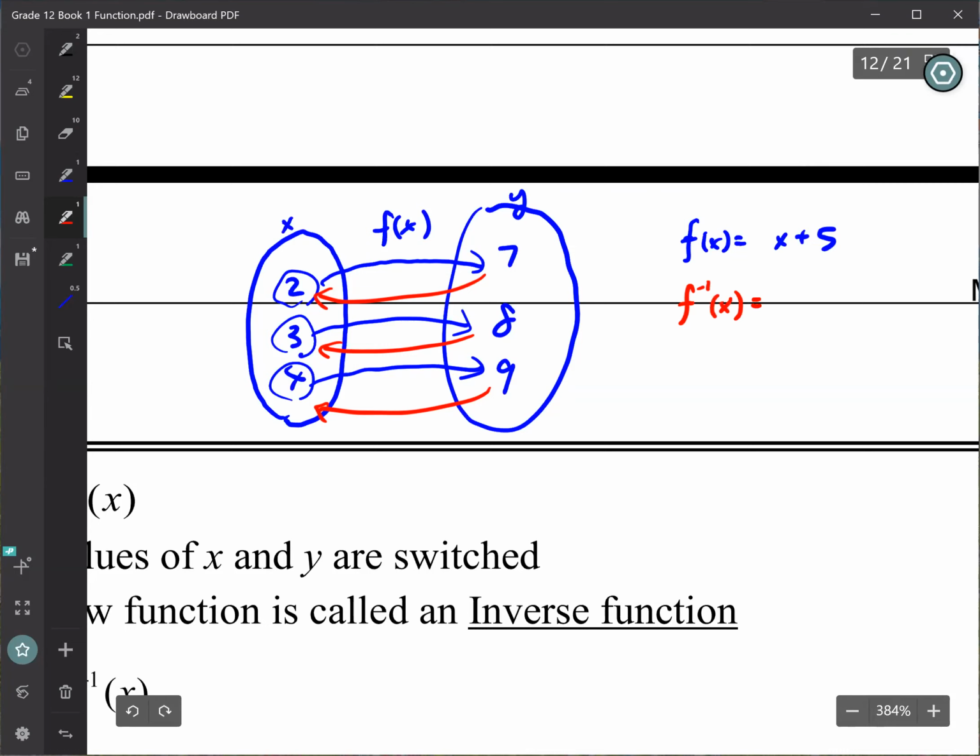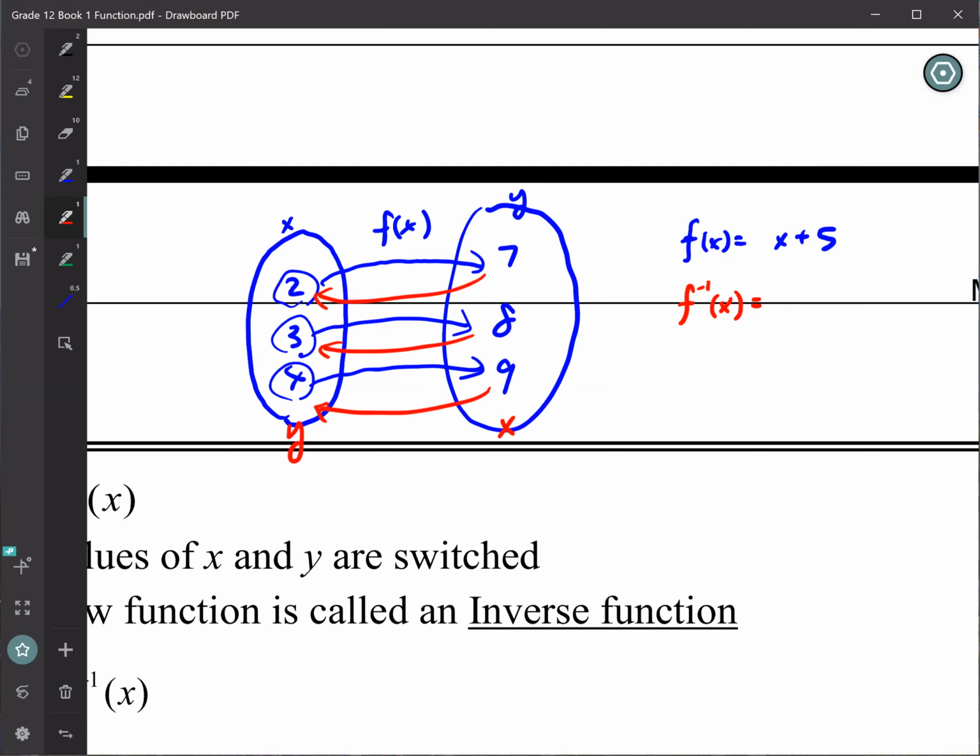It brings the y value back into the x. So that means we pretend all the y are the x now, and all the old x are the y now for the inverse. So we treat the y as x. So what will be the new function, the inverse one?